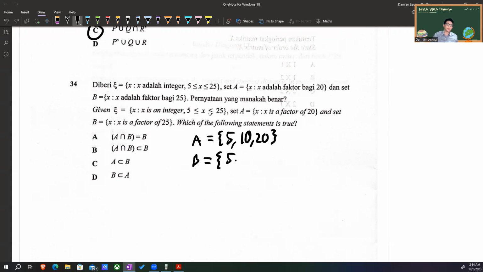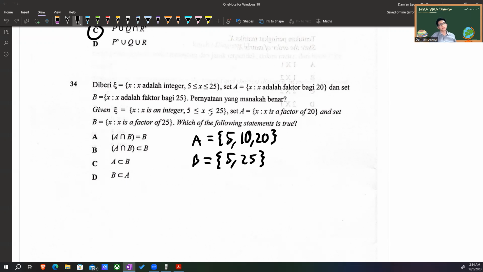Set B, factors of 25. 25 I can divide by 5, and 25. Yeah. So A intersect B equals B is not.